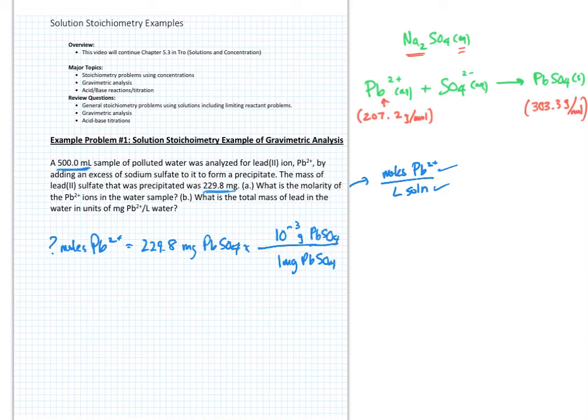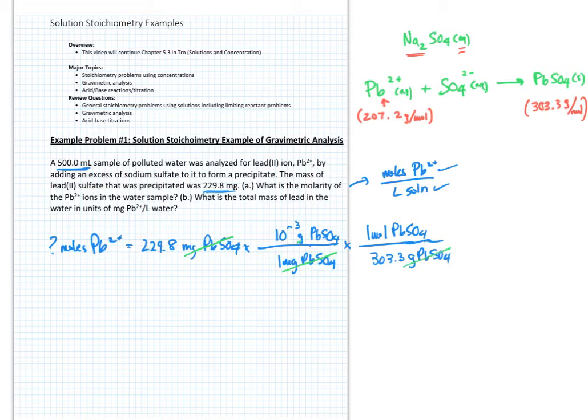And remember, cross off units here, milligrams of PbSO4. Now I have grams of PbSO4. Now I need to multiply by the molar mass. So this can be 1 mole PbSO4 for every 303.3 grams PbSO4.